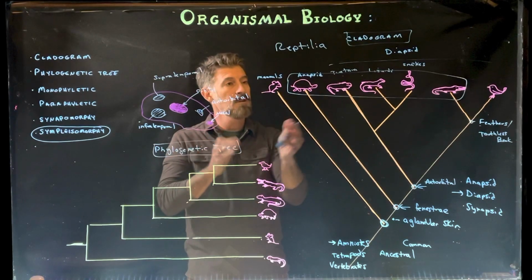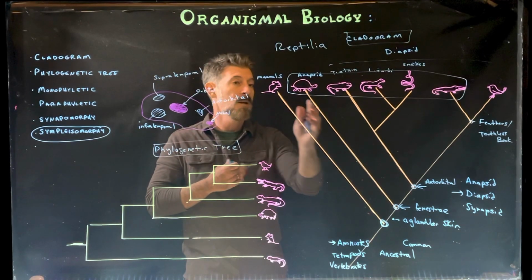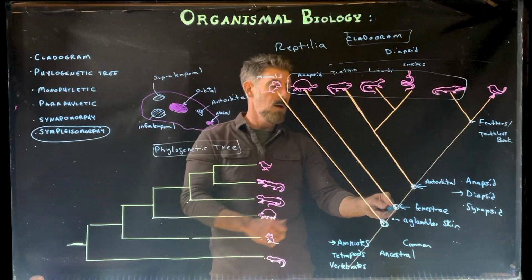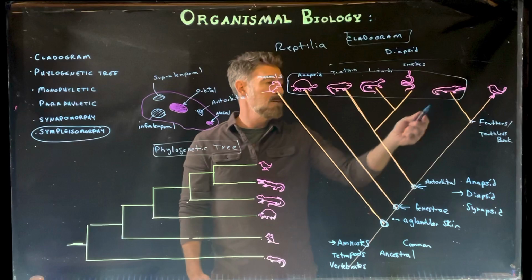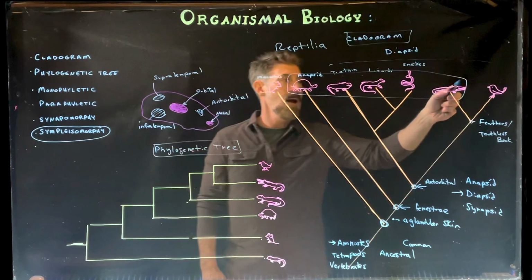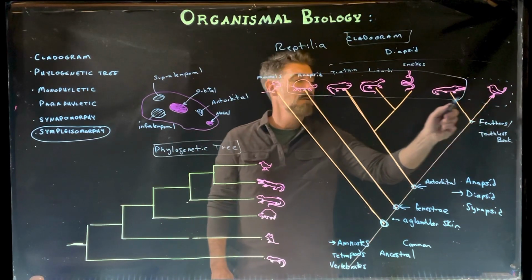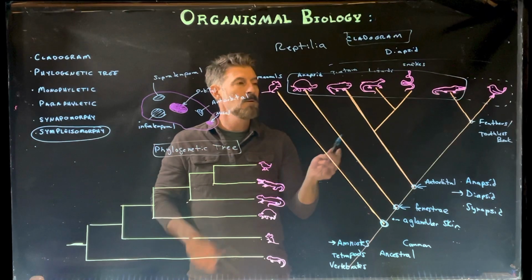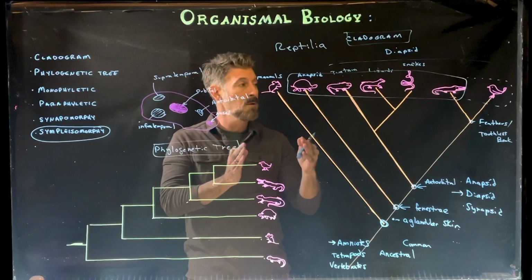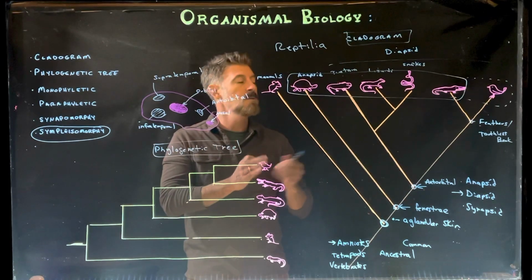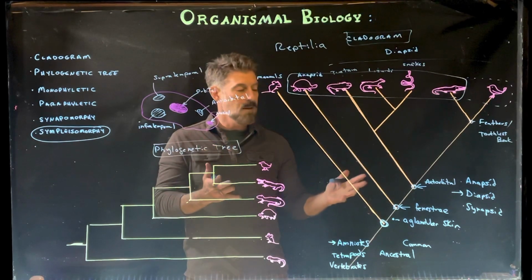This is a totally different skull type. But we could include the turtles, and that would still be okay. But if we include the crocodilians, then we really have to include the birds. And if we don't include the birds, then we shouldn't include the crocodilians. So crocodiles shouldn't be reptiles, or birds should be reptiles. So it gets kind of confusing.